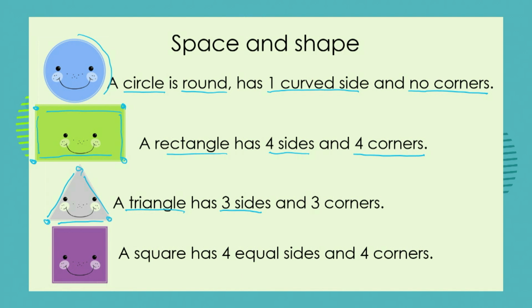A square has 4 equal sides, 1, 2, 3, 4, and 4 corners, 1, 2, 3, 4. So these are the 2D shapes that we learned about in grade 1. And remember we said that 2D shapes are flat.